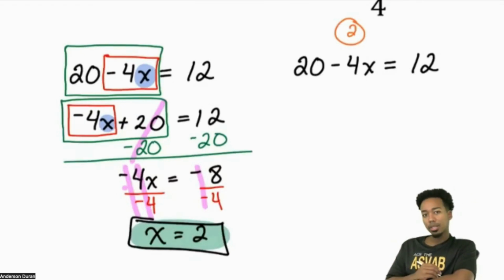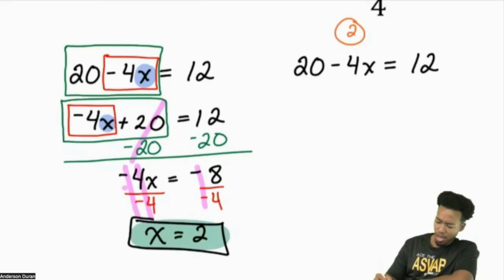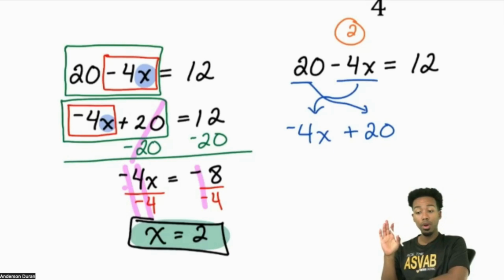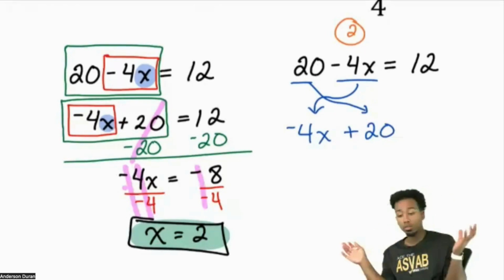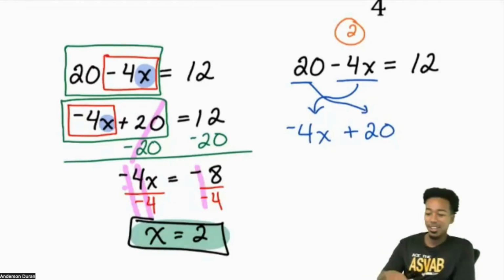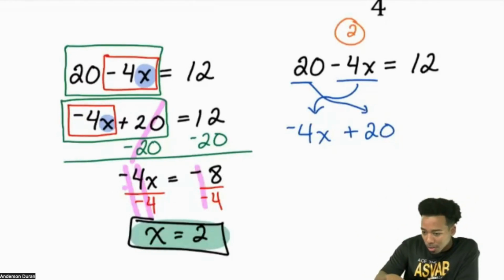Really quick, everybody, true or false, just to remind ourselves, just help me out. It's true that 20 minus 4x is the same thing as negative 4x plus 20, right? Same thing, right? Before I continue, same thing. 1 plus 2 is the same as 2 plus 1. Just make sure to bring the sign with you, right? Okay.